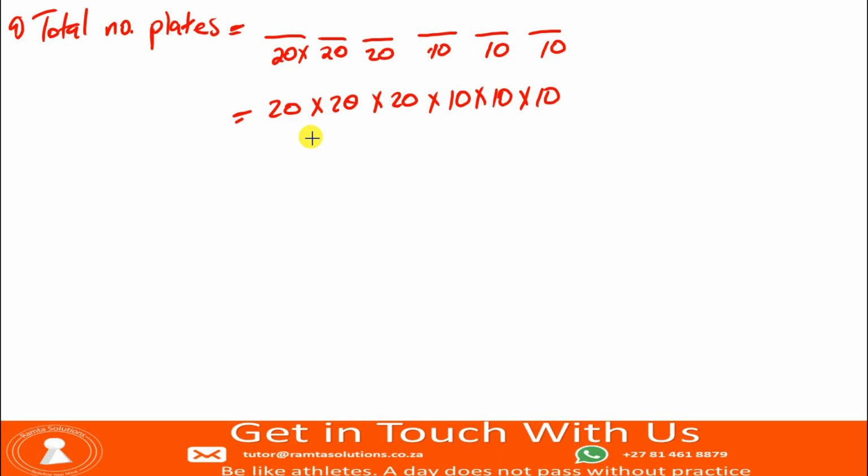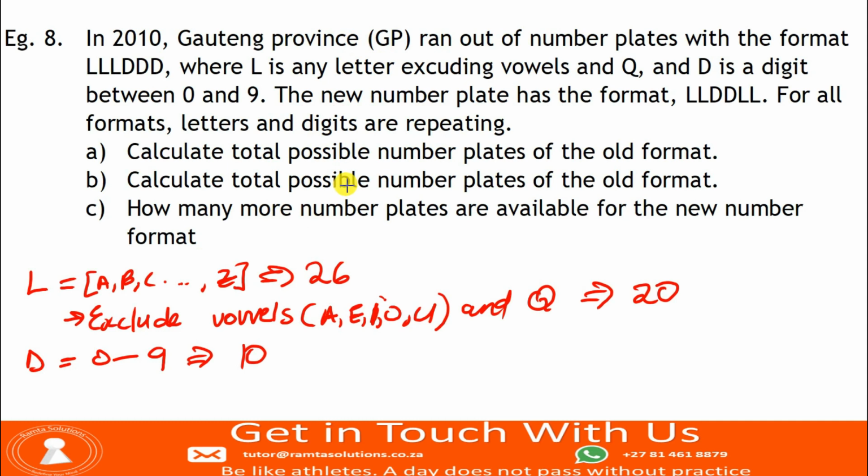I will say 20 cubed times 10 cubed, which is 1,000. So we are getting 8 million, right? So the total number plates we can get in the old system is 8 million. Now we are done with the first question.